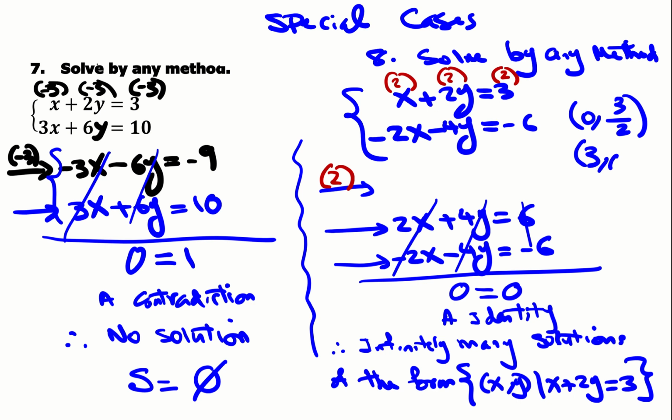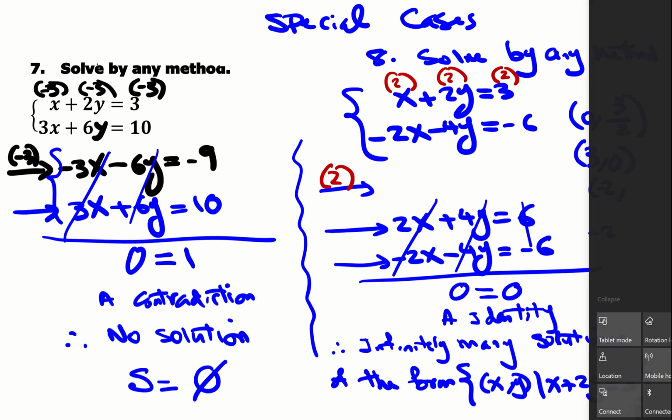So there's another solution. Or I could get picky and say, hey, I want you to make a custom solution for me. I want a solution where the x value is negative 2, for example. Well, no problem. All you have to do is plug in negative 2 for x.